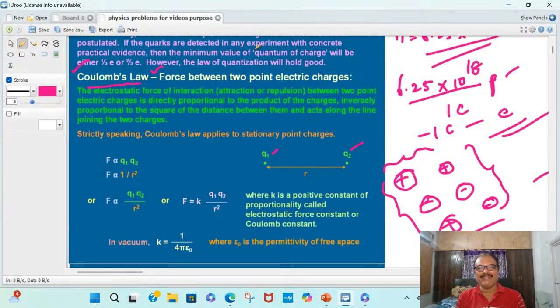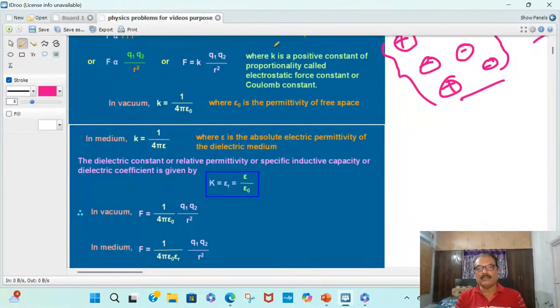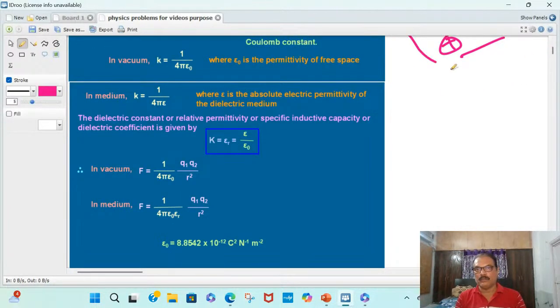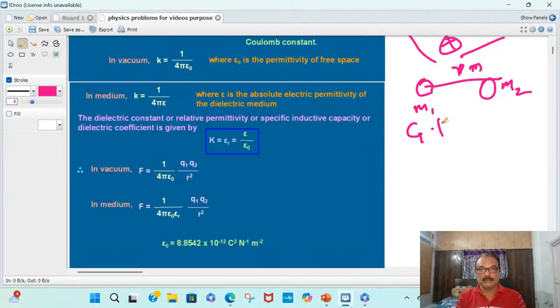Just like your gravitational force: when you take two bodies of masses M1, M2 kept close by, with center distance r meters. We know gravitational force from your ninth class and also 11th class. So what is the force of attraction?